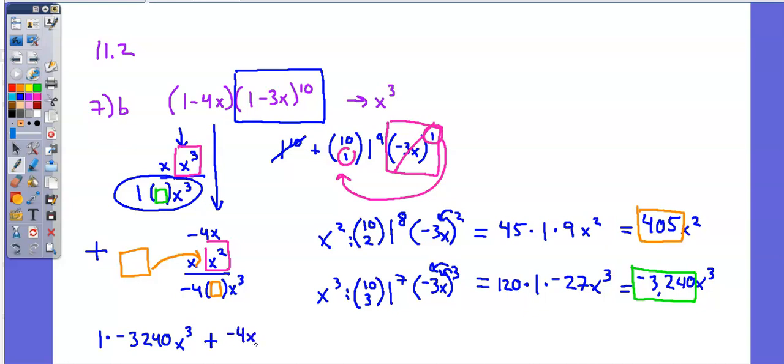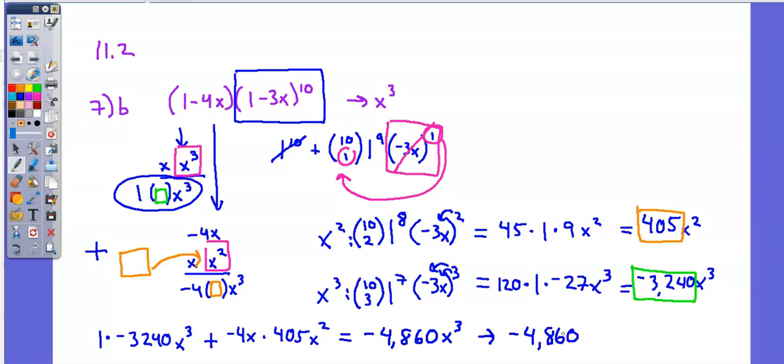That's coming from the binomial outside on the left, times what in orange, 405 x squared. And now we add these to get negative 4,860 x cubed. And the question is, what is the coefficient? So the coefficient excludes the x cubed.